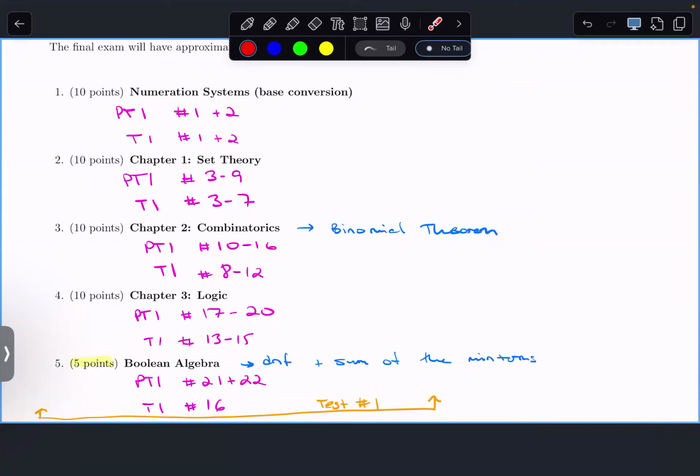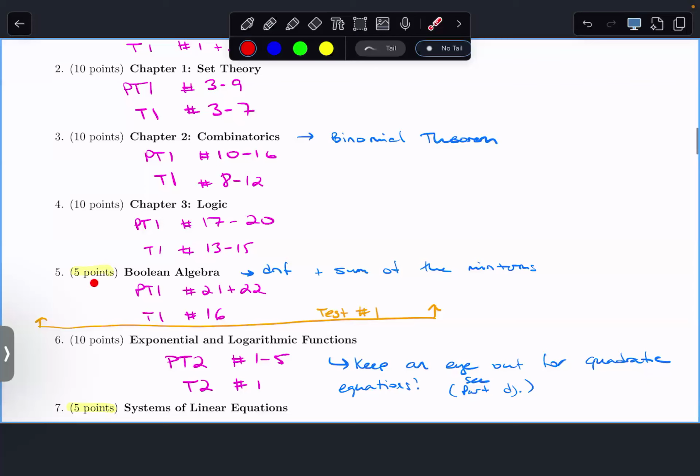More numeration systems, less combinatorics, more Boolean algebra. Trying to think how I could bump up the Boolean algebra without making you do another one, right? It would just be another version. And honestly, by the time the final exam rolls around, I don't want to do that much marking either.